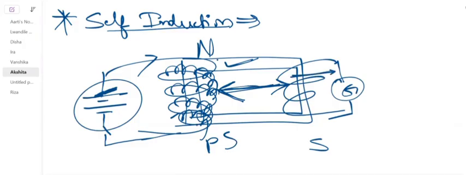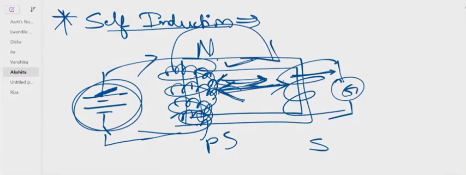As it goes back, again it is connected to the battery. Again it will get charged. Again the current is supplied. So current is coming, going, coming, going. So it is self-inducing the other coil with the help of mutual induction.